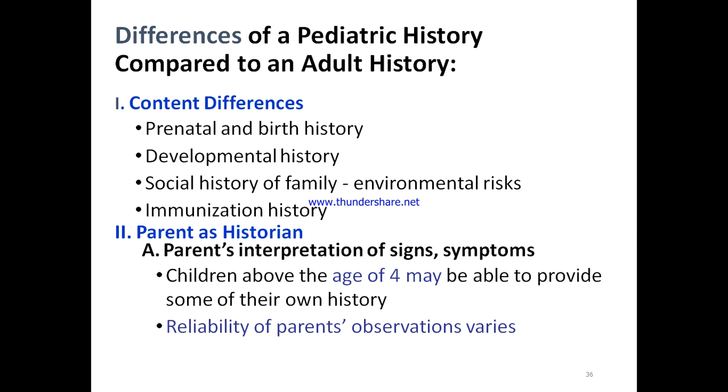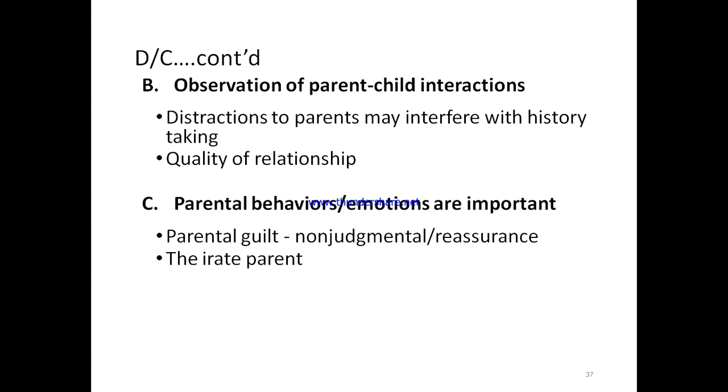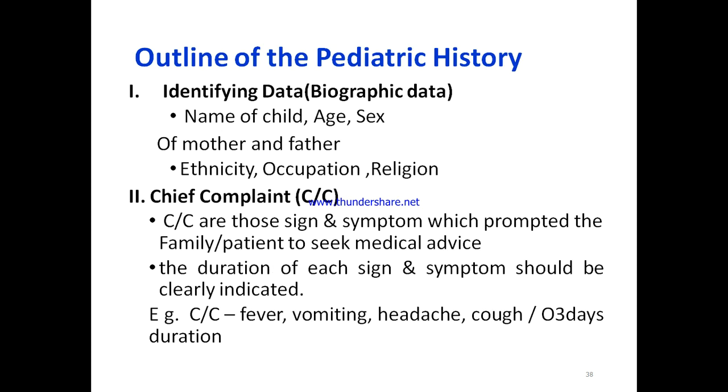So it is a better way of gathering the most important clinical features or signs and symptoms from his caregivers, with parent interpretation of signs and symptoms. The other is the best chance to observe parent-child interactions, and parent behavior or emotions are more important in pediatric history than adult ones.